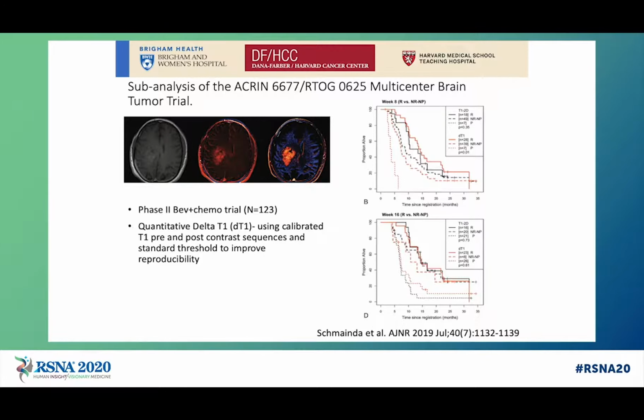Response assessment using these subtraction maps or delta T1 maps show improved association with overall survival and progression-free survival compared to the non-subtracted post-contrast T1 sequence. One major advantage of using subtraction map is that these T1-weighted sequences are already available in standard of care imaging and can be readily implemented in clinical trials as well as routine practice.